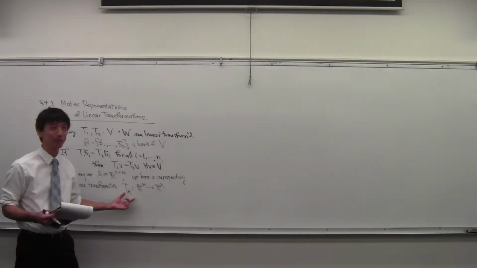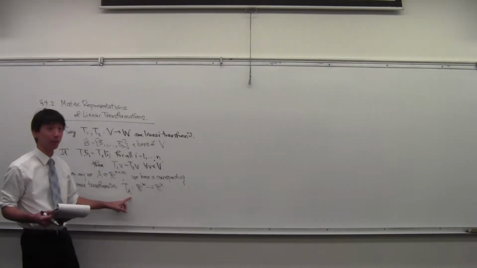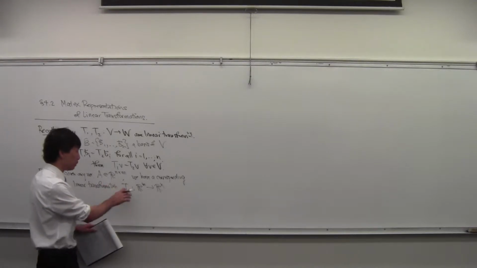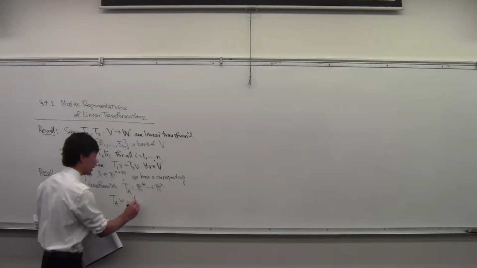It's left multiplication by the matrix. Right, so T sub A of your vector is just A times your vector.